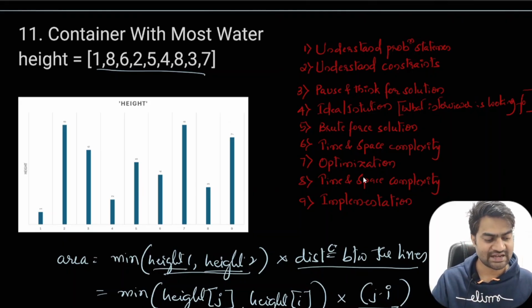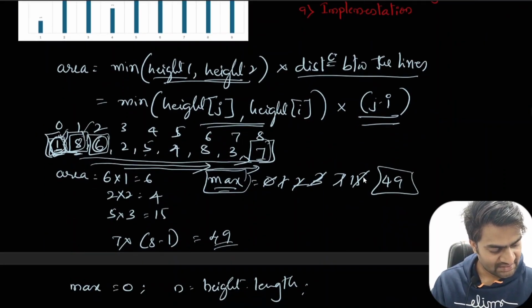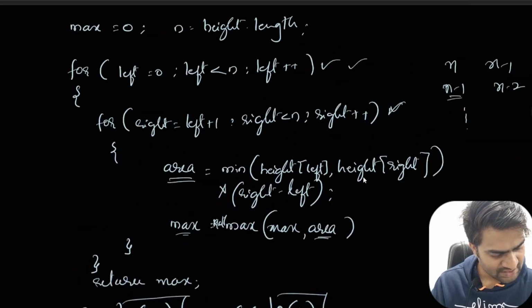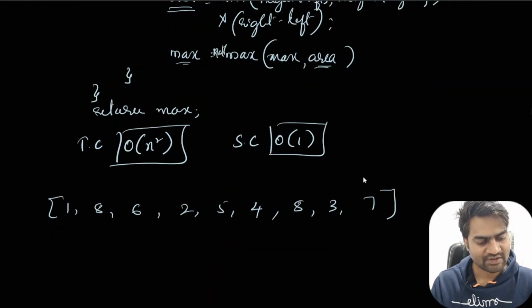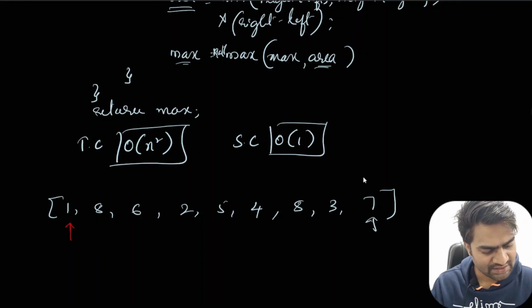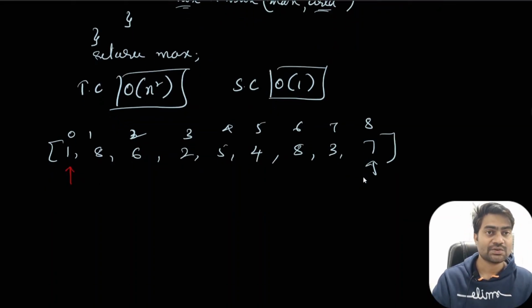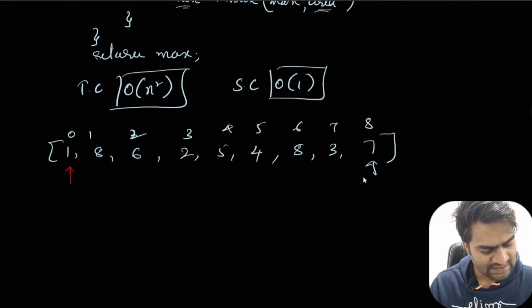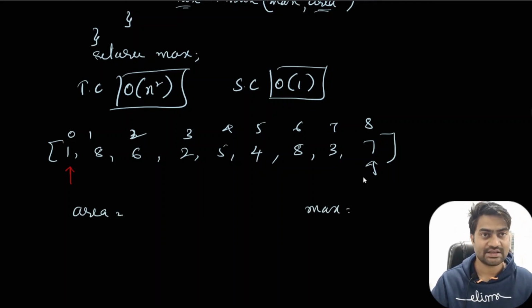Okay, keeping that in mind, let us see this example. I will take this array and keep a left pointer here and a right pointer here. We already know the indexes 2, 3, 4, 5, 6, 7, 8. Now I will take area, and again a max variable.